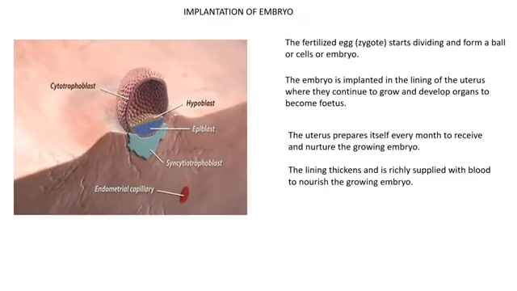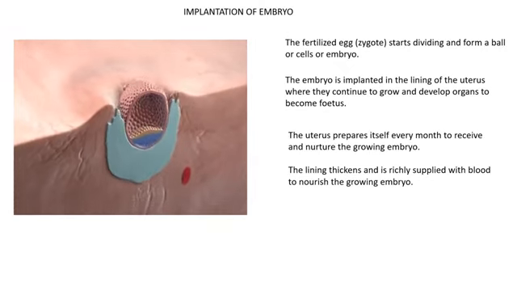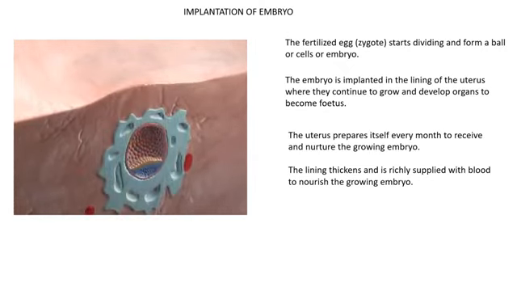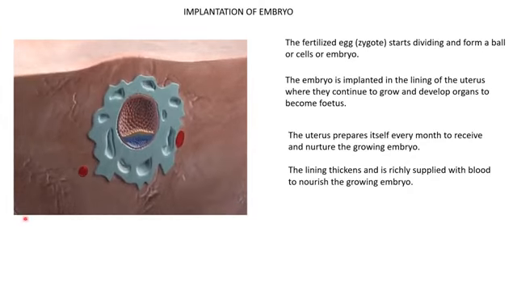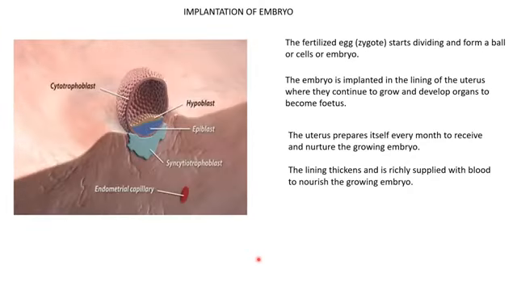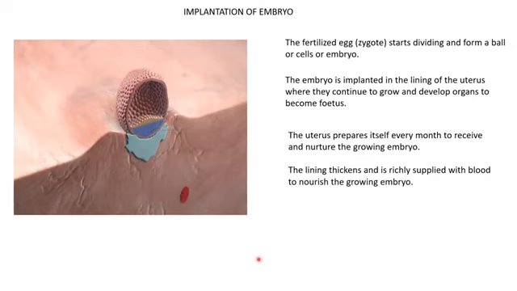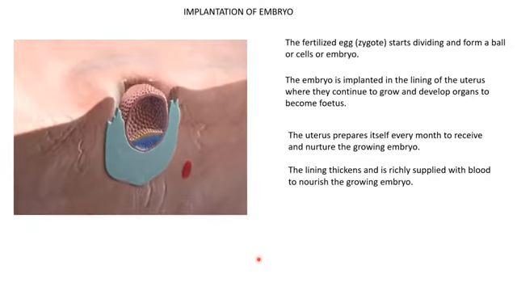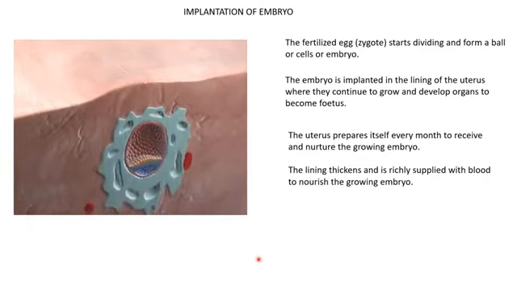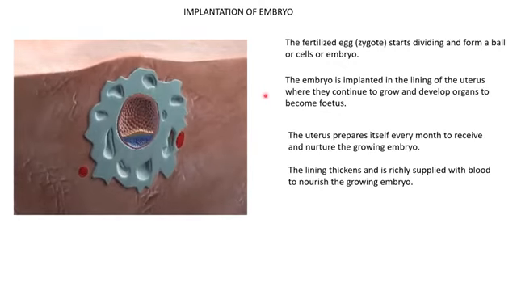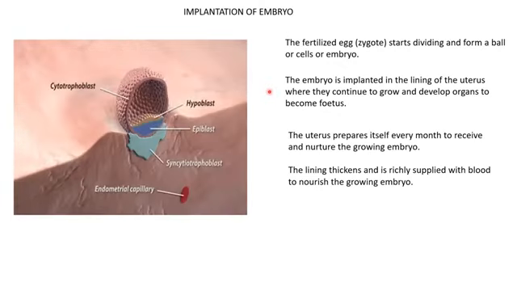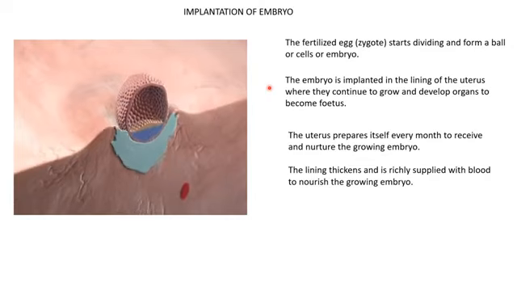Here you can see, children, the implantation of the embryo. During implantation, what happened? The uterus wall becomes thickened to nurture the embryo, and the embryo is coming right from the funnel, that is the fallopian tube.